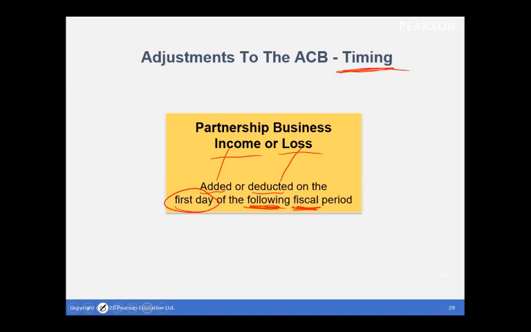So this is a weird one. That whole year dumps in the first day of the next year. So it's like, here's what we did for 2020. That hits your account January 1st, 2021. That timing matters because if you were selling your portion on a certain date, you need to know when this adjustment's going to factor in.